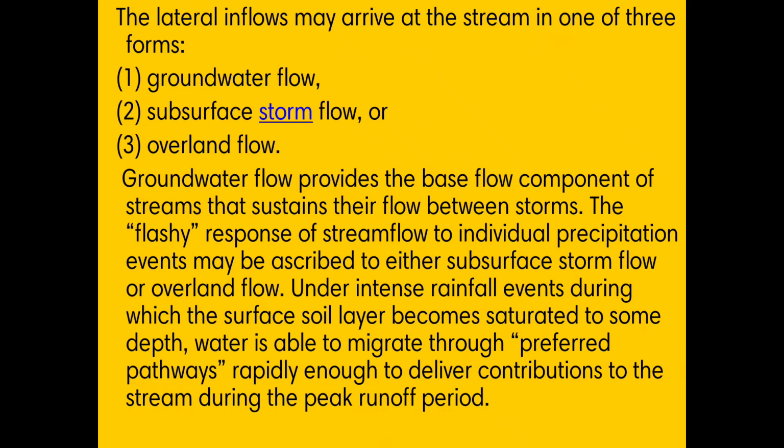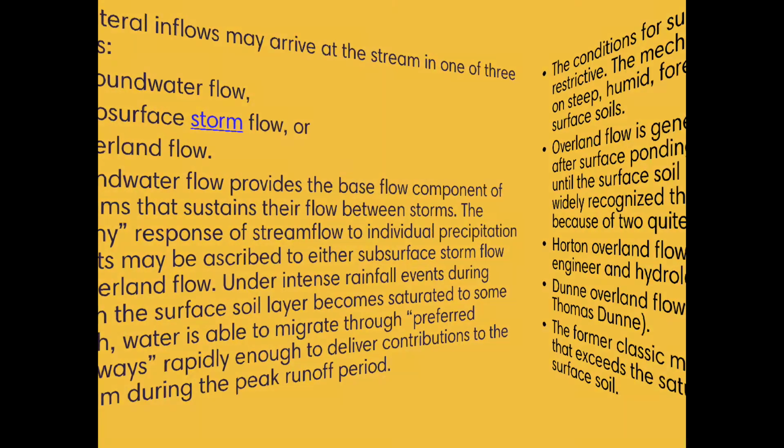Under intense rainfall events during which the surface soil layer becomes saturated to some depth, water is able to migrate through preferred pathways rapidly enough to deliver contribution to the stream during the peak runoff period.